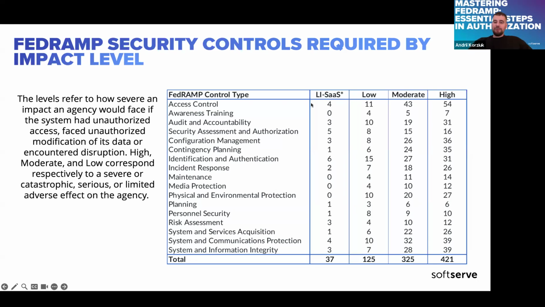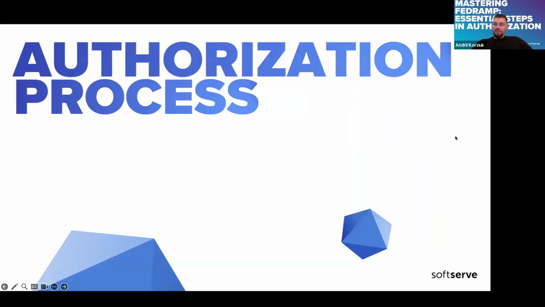For example, for access control, for low impact we have 11, for high impact we have 54, and for each of these control types, the quantity of different checks increases from low to high. Yeah, just information like that. And we are moving to the authorization process.